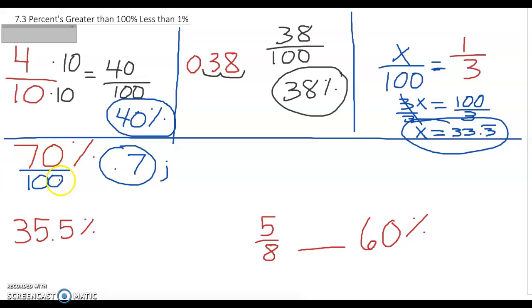We know this one is 10, so let's write it out, 70 over 100. We're going to simply divide by 10. So our new answer will be 7 over 10.